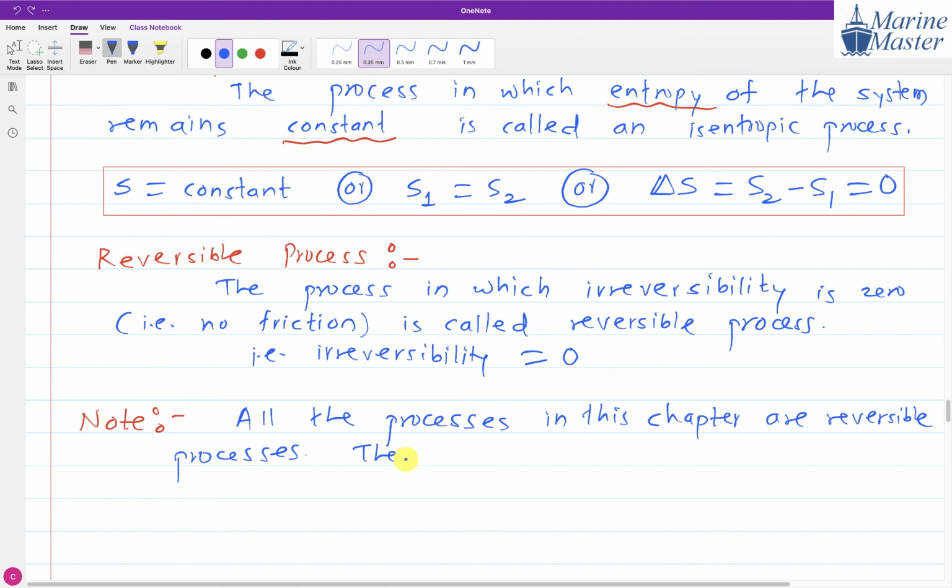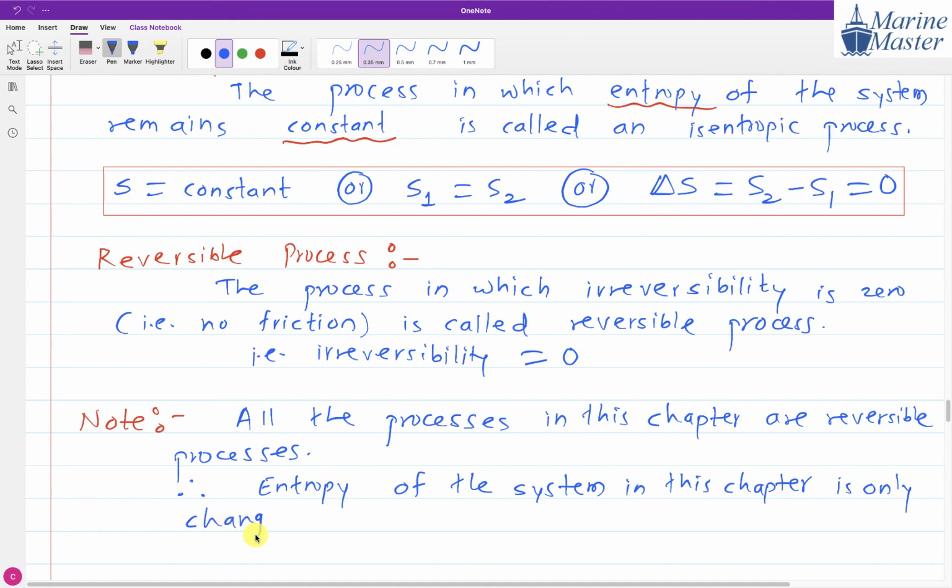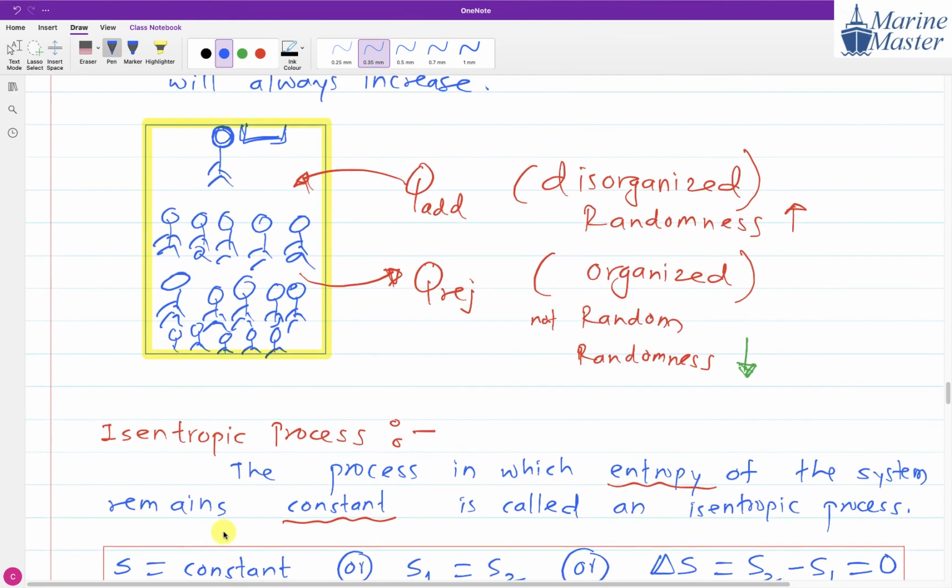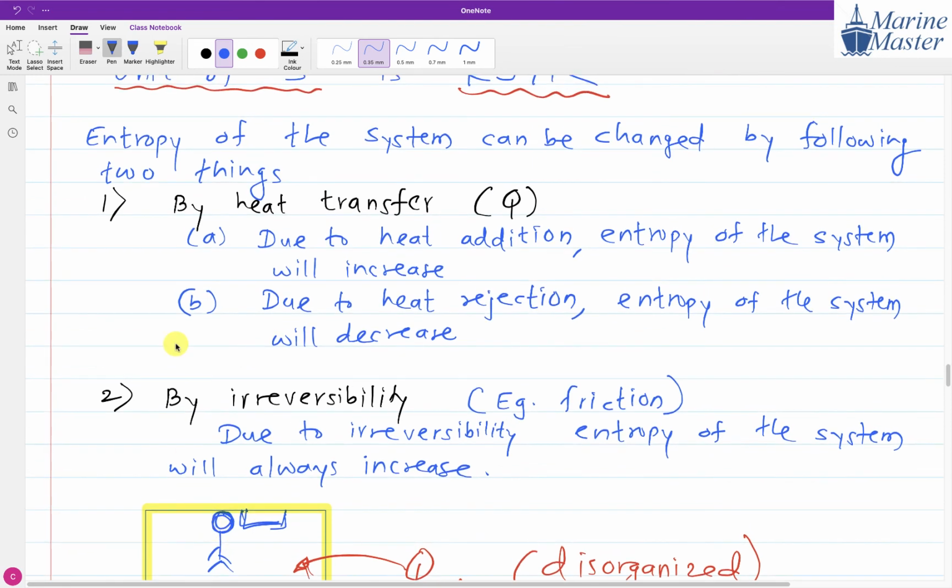Therefore, entropy of the system in this chapter is only changed by what? What we discussed is that entropy of the system is changed by two things.